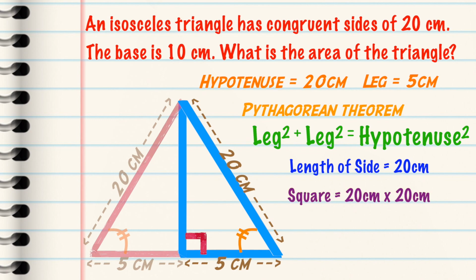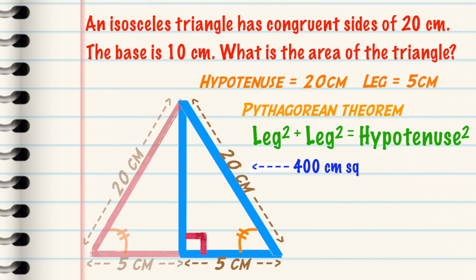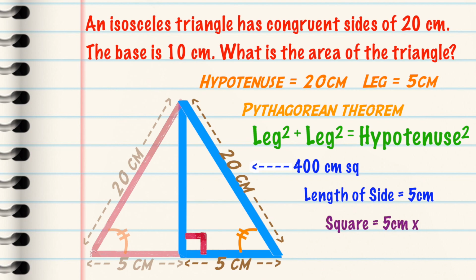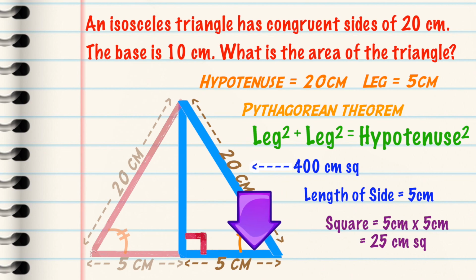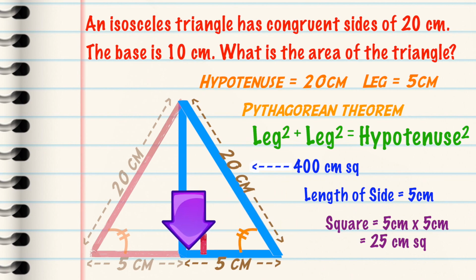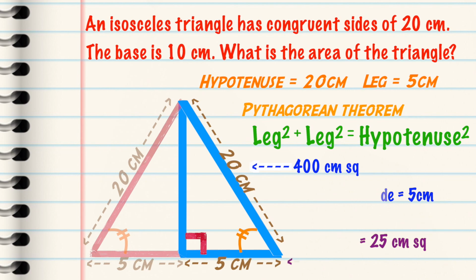So, the square of the hypotenuse is 20 centimeters times 20 centimeters, which is 400 centimeters squared. We also know that one leg of the right-angled triangle is 5 centimeters. So, the square of this leg is 5 centimeters times 5 centimeters, which is 25 centimeters squared.